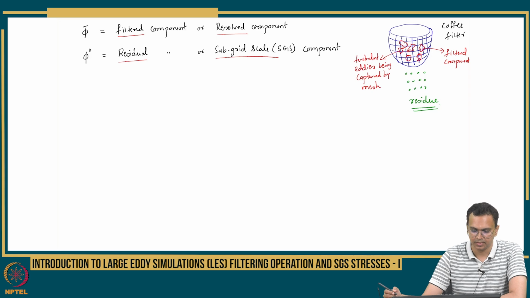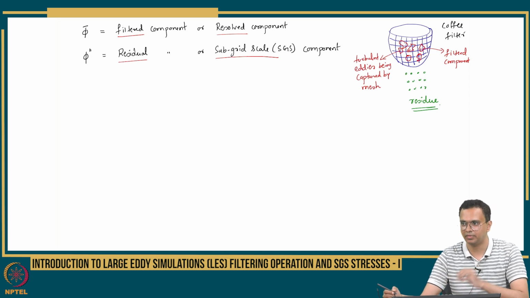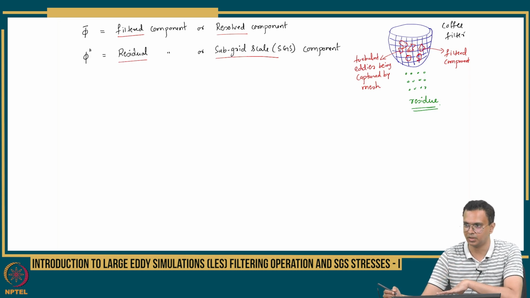Now if you have access to these two things, the filtered as well as residue, then both are exact. Let's say I have DNS data and I use an LES filter. I'll tell you what the filtering operation is, but let's assume that you have DNS data and you are doing a filtering operation alone. So let's say you have, as I said, a 10 micrometer mesh, you calculate DNS on that, and now you move to a 1 millimeter mesh.